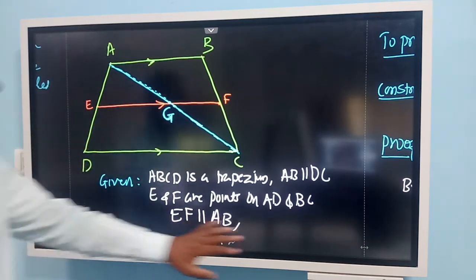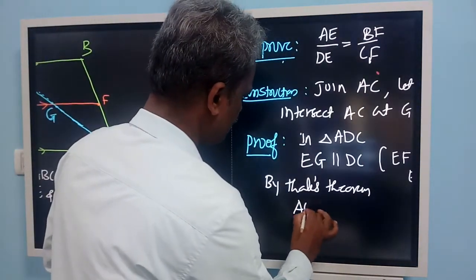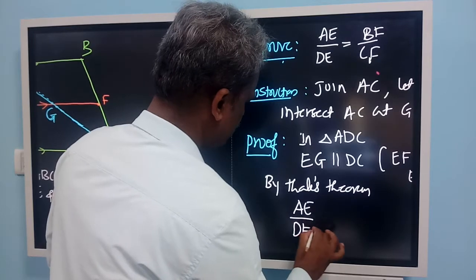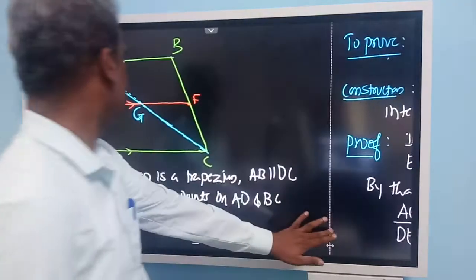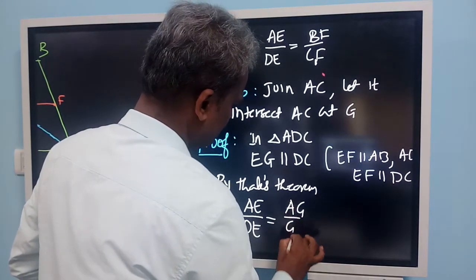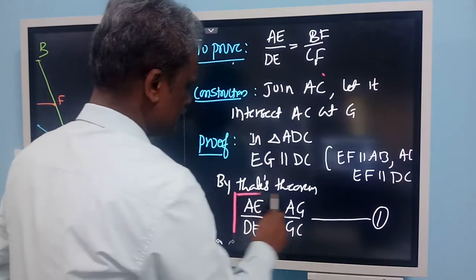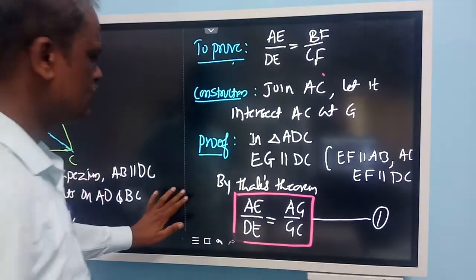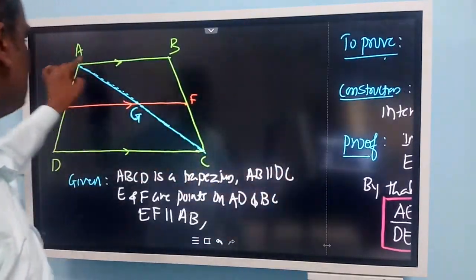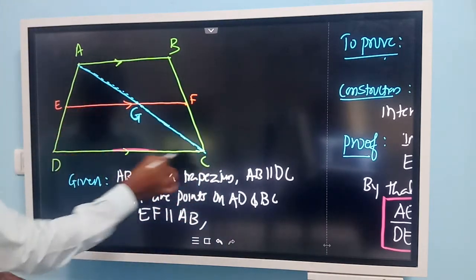AE by DE is equal to, what can you write, AG by GC. So you can call this as 1. So AE by DE is equal to AG by GC. This is what we have applied to this triangle.